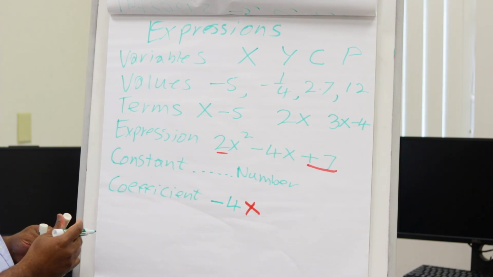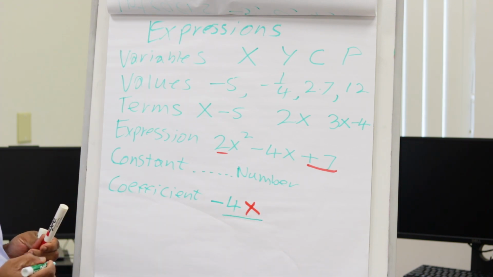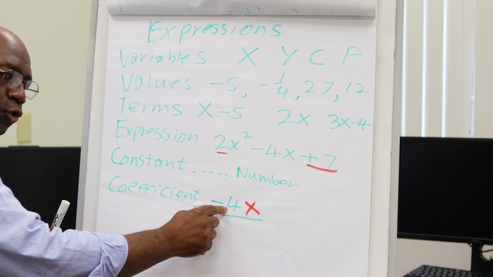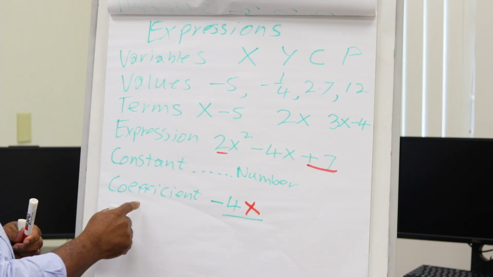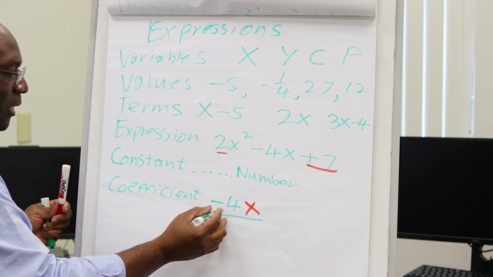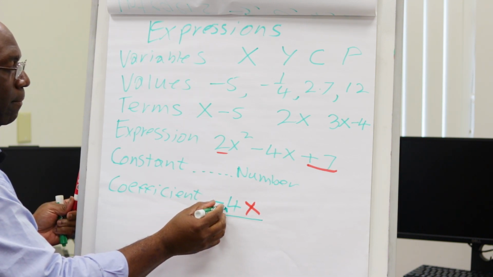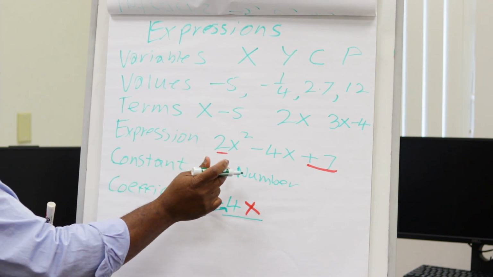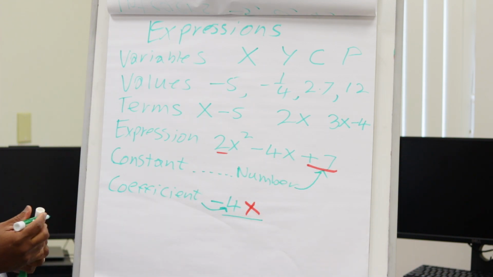Now, -4x is a term, but it is a term that has two pieces to it. There is a coefficient, and then there is a variable. The coefficient, in this case, is -4. In this case, the constant number is 7.